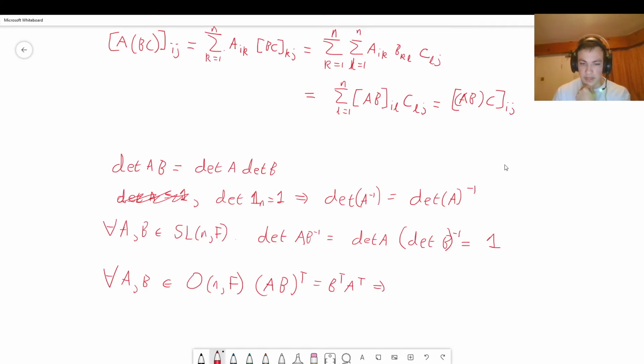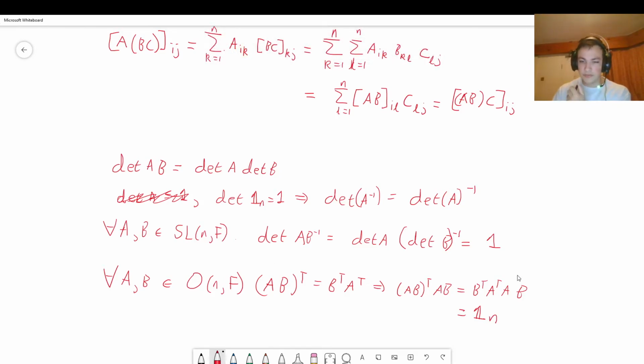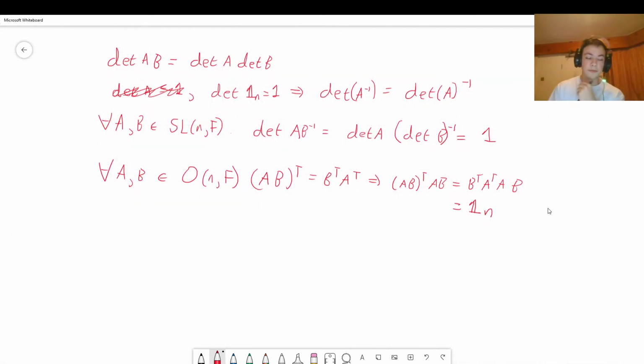Therefore (AB) transpose AB is equal to B transpose A transpose A B, but then because they're in the orthogonal group, this must then be the identity, because obviously the two A's cancel and then the two B's cancel. Okay, so the orthogonal group is a subgroup and so on.